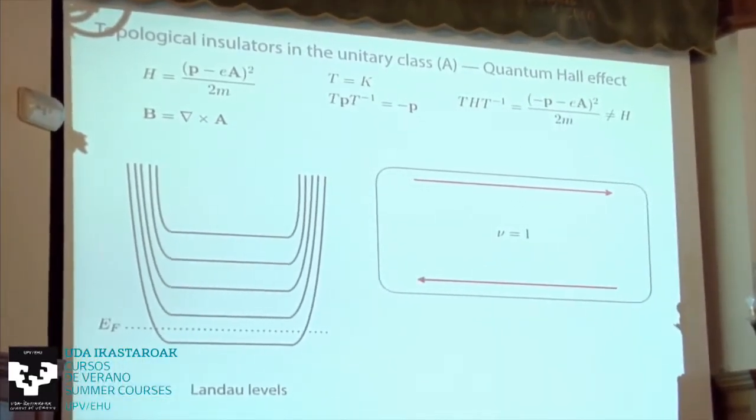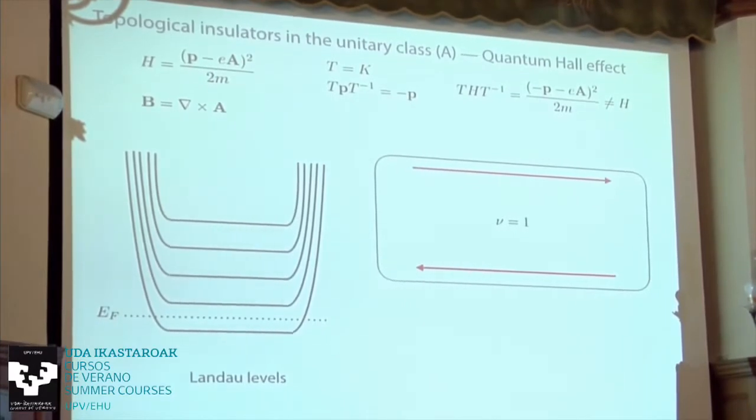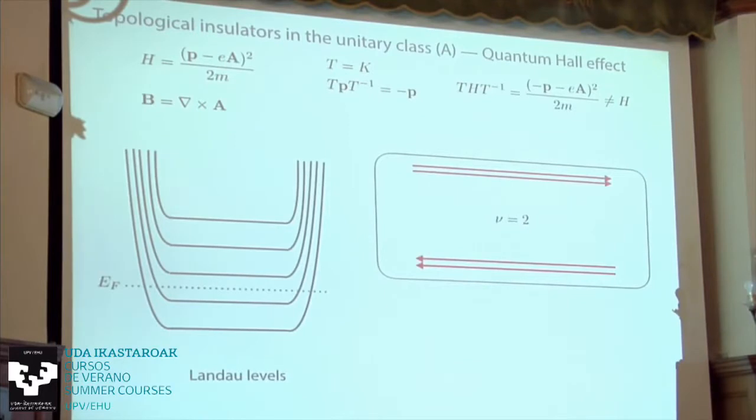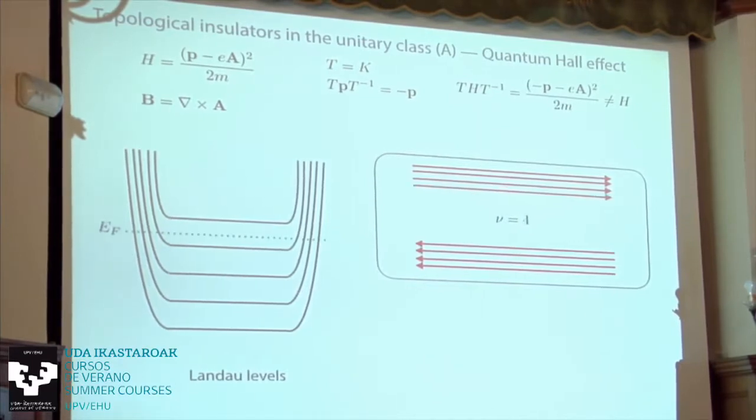And now if I move my chemical potential, let's say I go from here to here, I move between two different insulators, and exactly at this energy there's the topological quantum phase transition between two distinct topological insulators. And I change the number of edge states from 1 to 2. I go here, I have 3, 4, and so on.